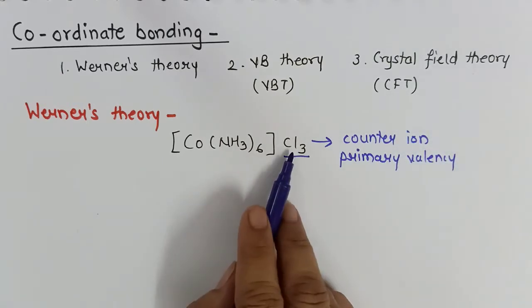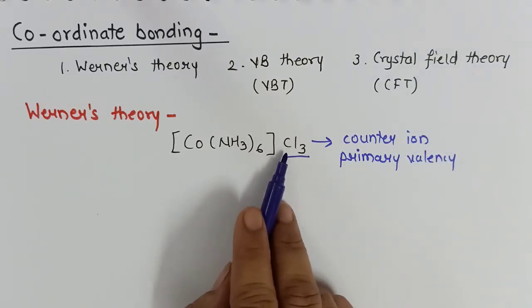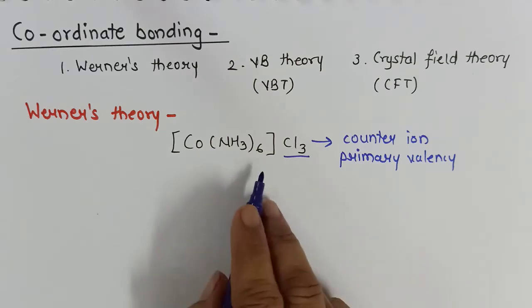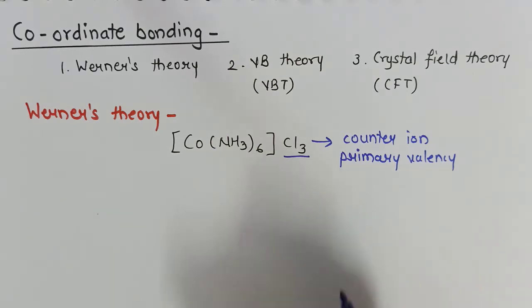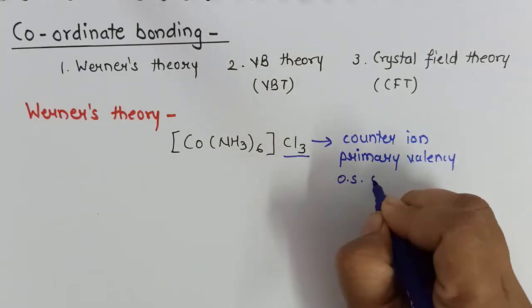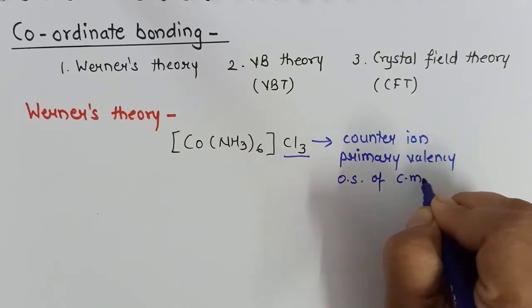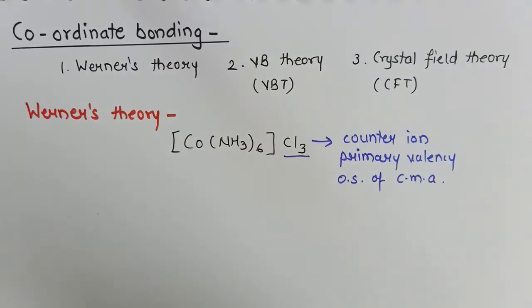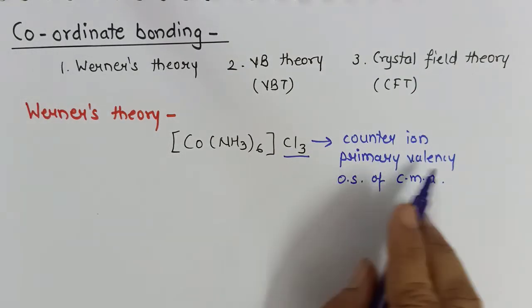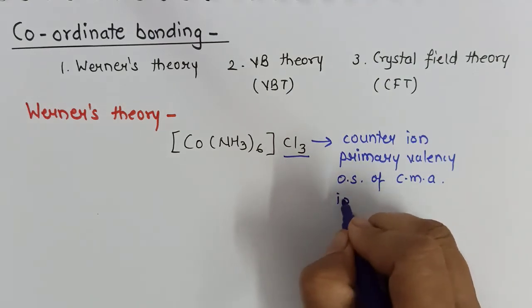So the number which is outside the coordinate sphere is called the primary valency, and it indicates the oxidation state of the central metal atom. According to Werner, the primary valency is the ionizable part.